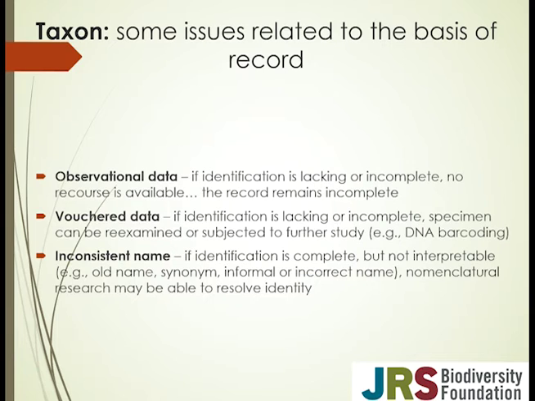We have virtual data, data based on specimens. So for specimen-based data, if identification is lacking or incomplete, the specimen can be re-examined or subjected to further study, for instance, DNA barcoding.